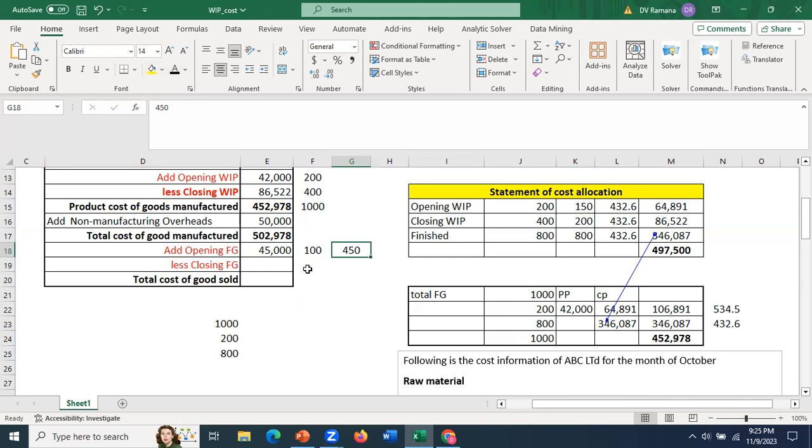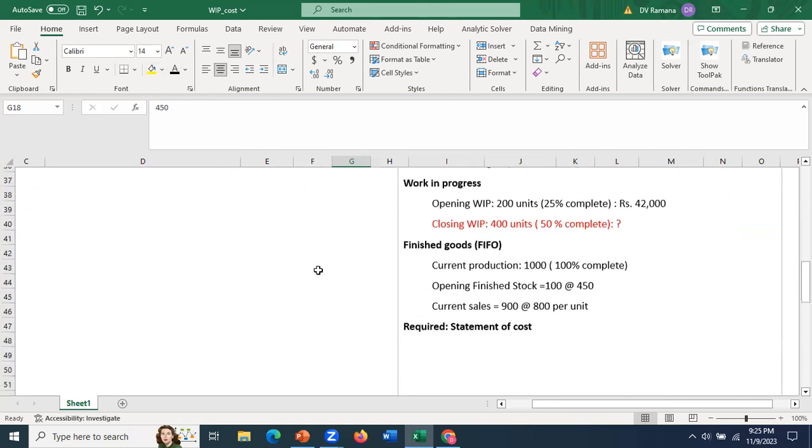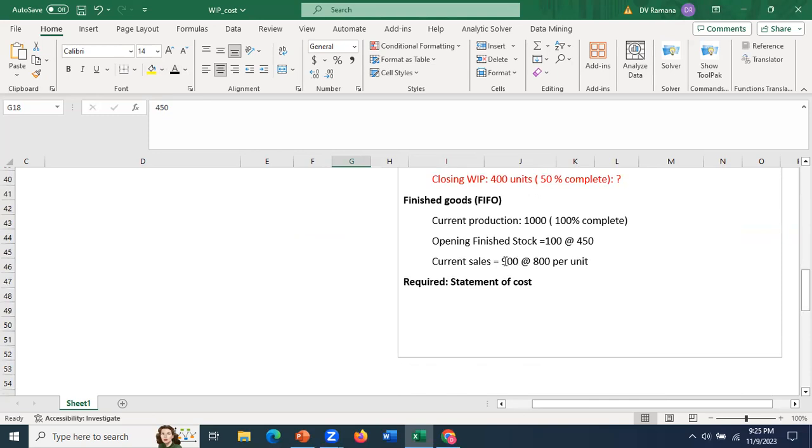And the closing stock, how much is the closing stock? We can see that, okay? So the current sales is 900, current production is 1,000, the opening finished stock is 100, so 1,100 is the stock available, minus the sales.